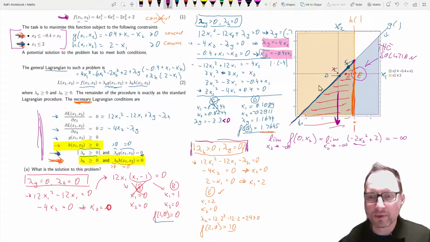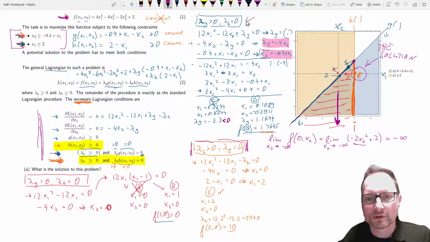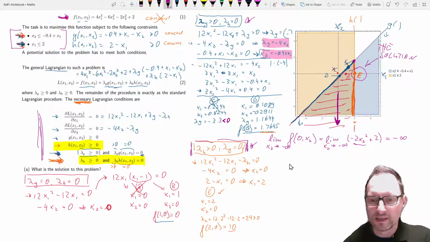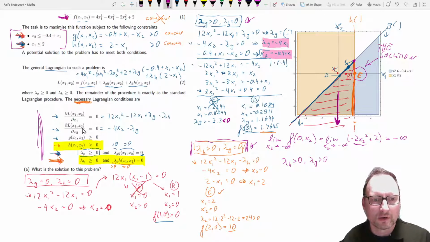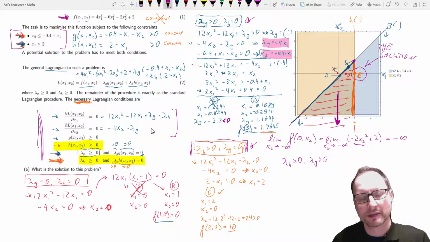There's one case where you may have to look at that point, and that is if you don't find a possible solution here and don't find a possible solution here. Then you would also have to look for lambda h larger than 0 and lambda g larger than 0. And then you would just get these two conditions with both lambda g and lambda h. So you would have 4 unknowns: x1, x2, lambda g, lambda h.